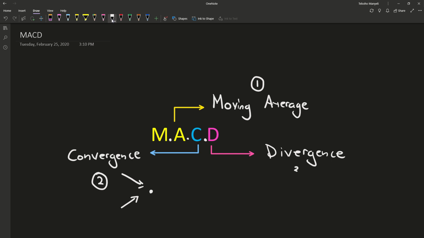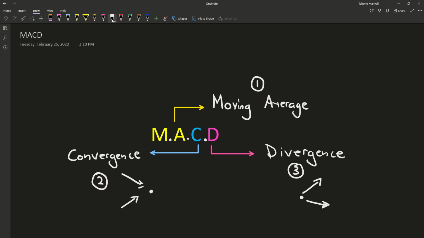Or it can indicate divergence, and divergence simply means that if one line is going one way, the other one is going in the opposite direction. So these two lines will never touch, moving from a central point and diverging outwards. Okay, so convergence is coming towards a single point, divergence is moving away from a single point, and obviously moving average.